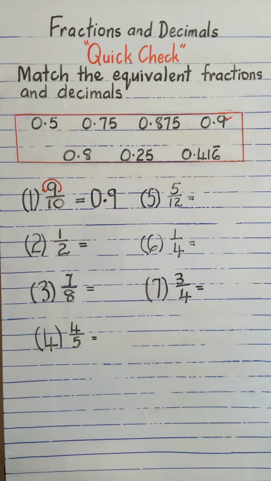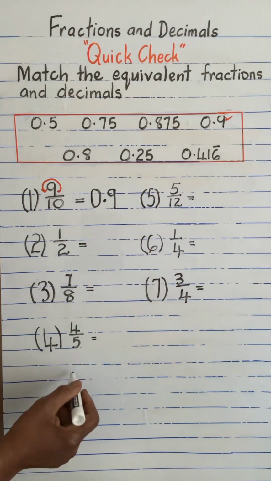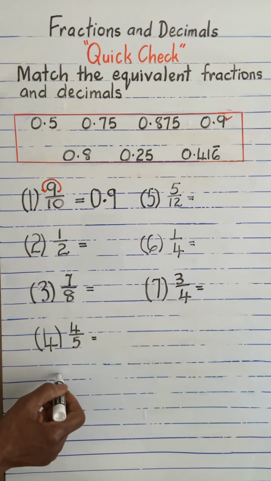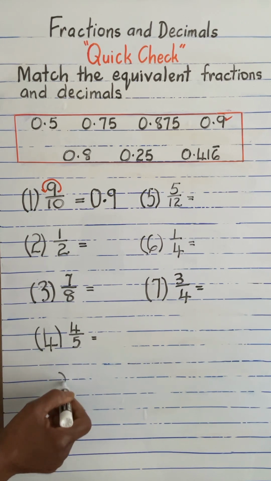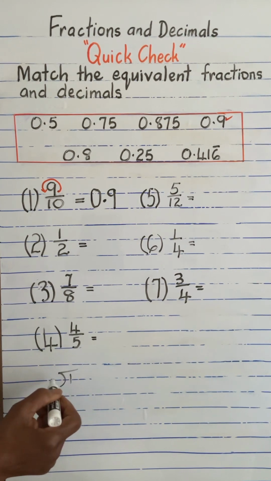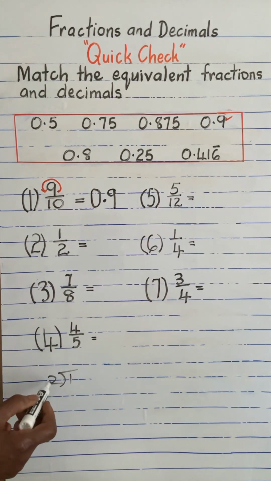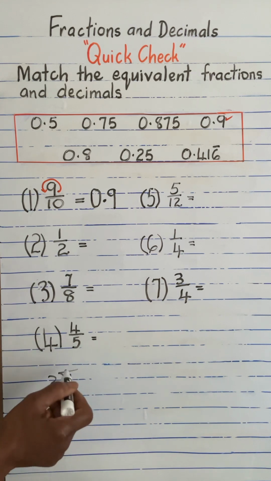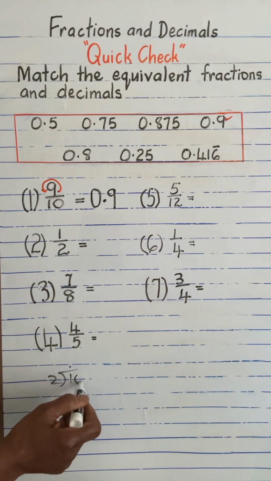Next, we have a half, and that will be 1 divided by 2. How many times can 2 go into 1? No time. Put a point and a 0.